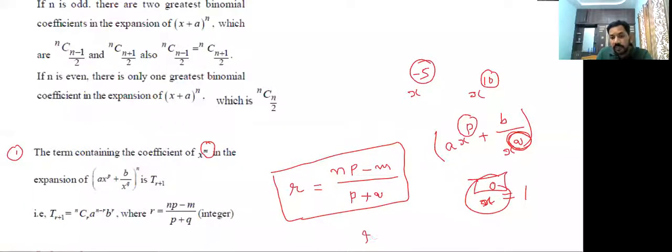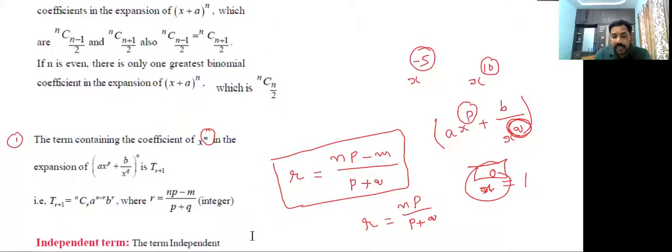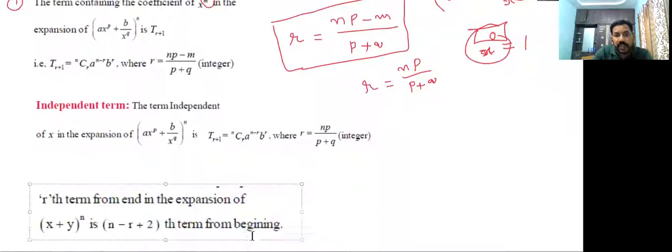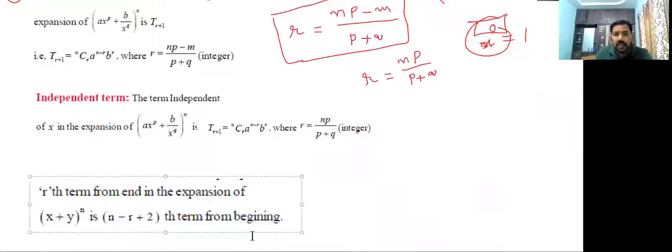So in place of m, substitute 0, and you will get the shortcut formula np by (p + q). Whenever they ask to find the independent term, the r value is found by using the np by (p + q) formula only.